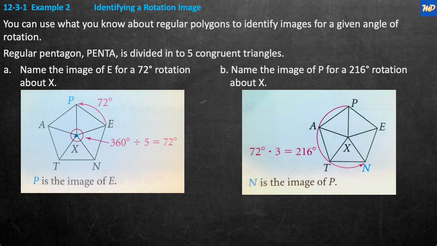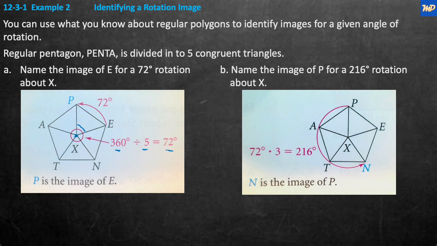So we're going to rotate 72 degrees. Well, how far? What's the angle here? What are these 5 angles? Those 5 angles are 72 degrees each. And right here in the formula, 360 degrees divided by 5 is 72.